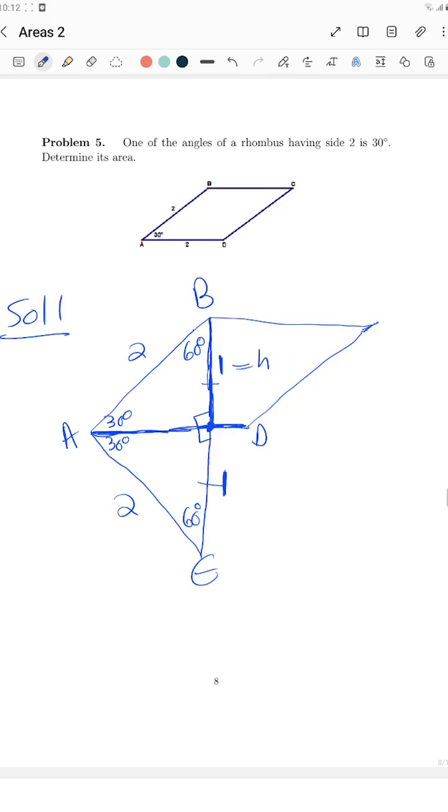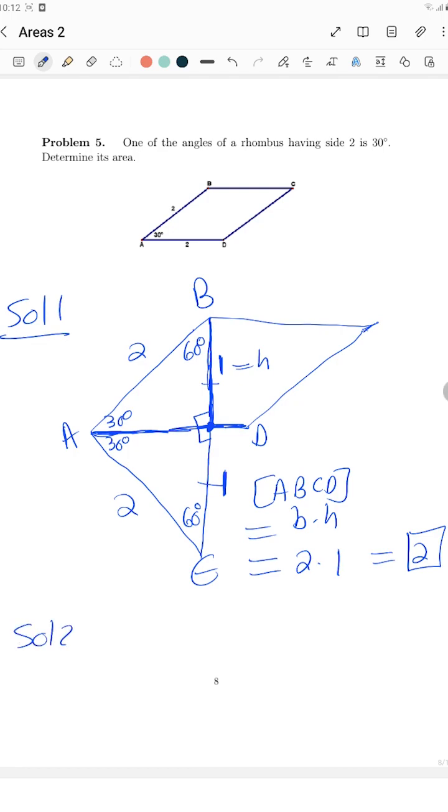And theorem 1 says that the area of parallelogram ABCD is base times height. So in this case, the base is AD, which is 2 units, and the height is 1. And 2 times 1 is 2. And that is the answer to this problem using the area of a parallelogram and a magic construction.